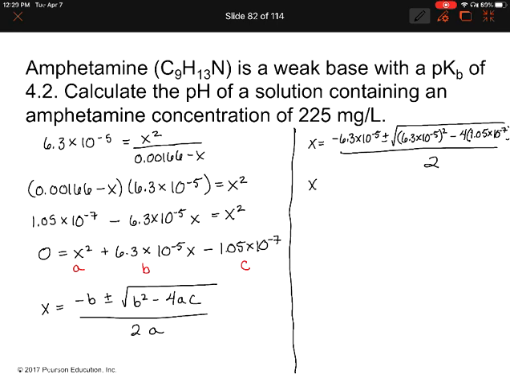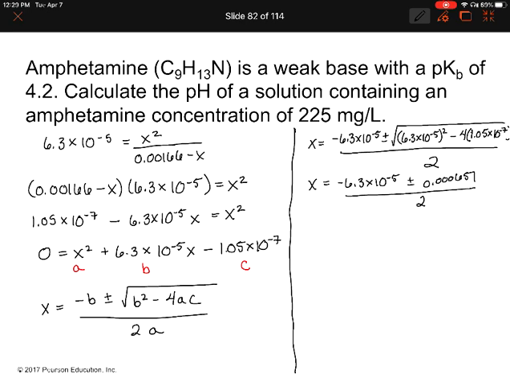So you should find that when we simplify this, we have negative 6.3 times 10 to the negative 5th plus or minus 0.000651 over 2.